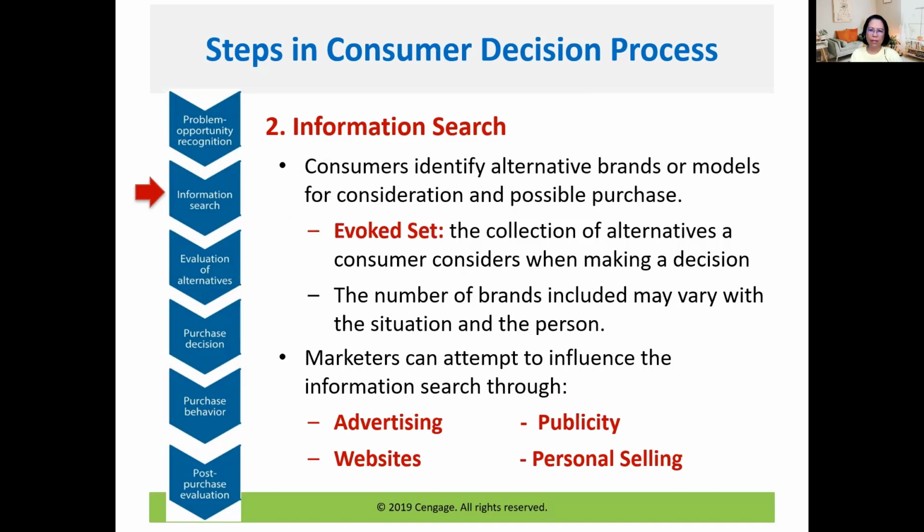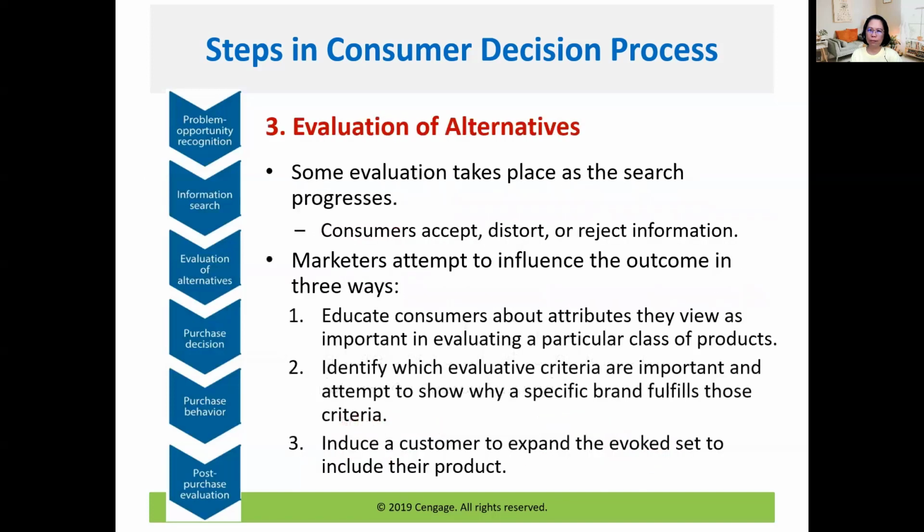The evoked set is the collection of alternatives a consumer considers when making a decision. The number of brands included may vary from situation to situation and person to person. So John is now thinking of either Pizza Hut, Shakey's, or Yellow Cab Pizza. In order to influence John's information search, marketers can use advertising, websites, publicity, or personal selling.